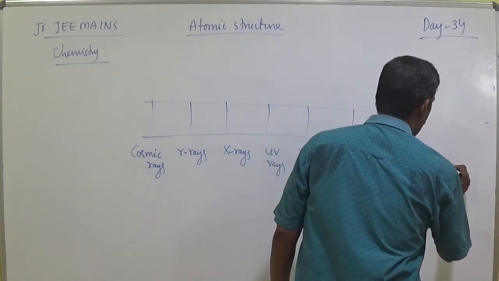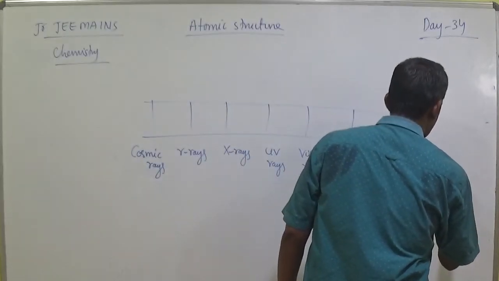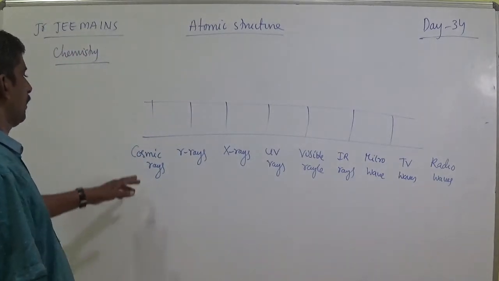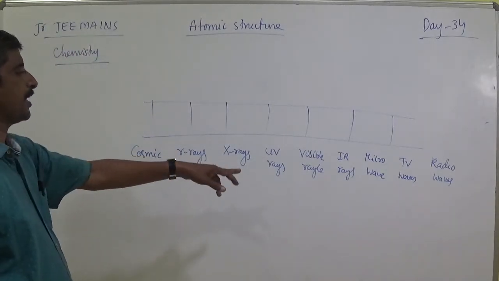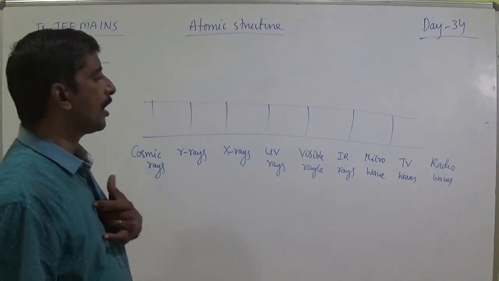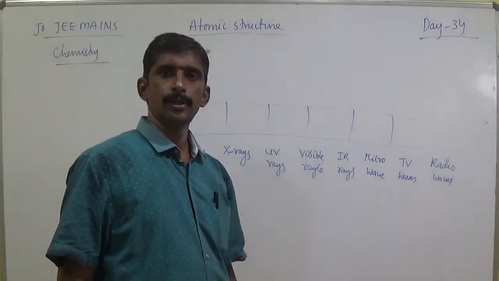The last one is radio waves. Cosmic rays, gamma rays, X-rays, UV rays, visible, IR rays, microwave, TV waves and radio waves.